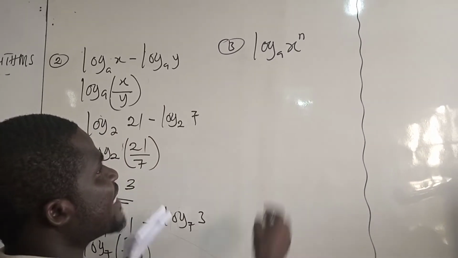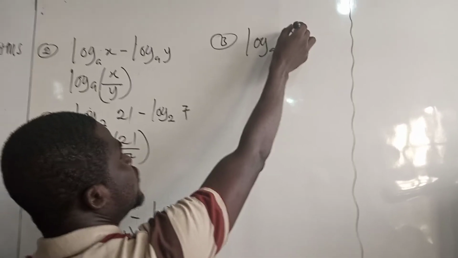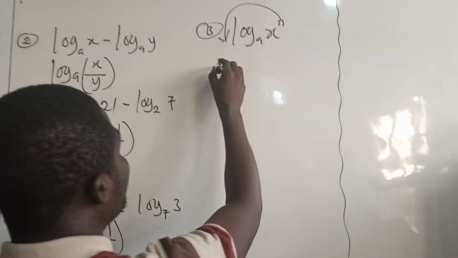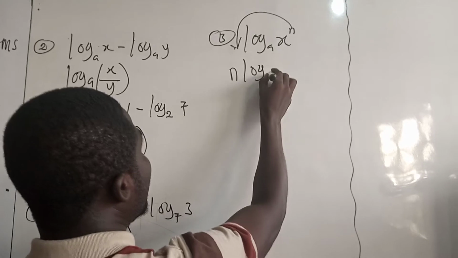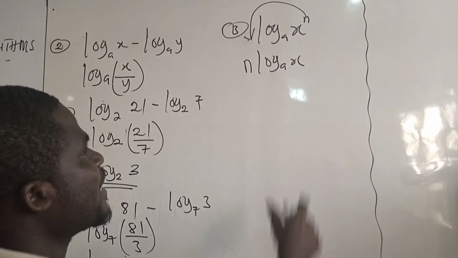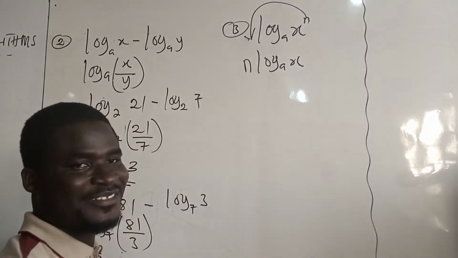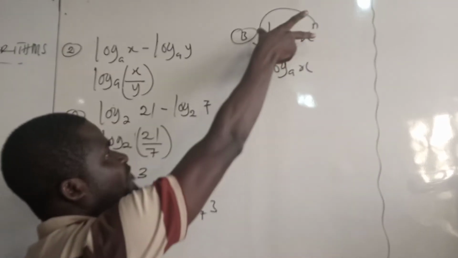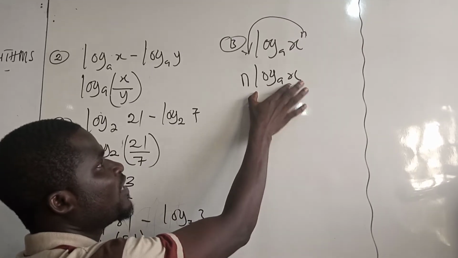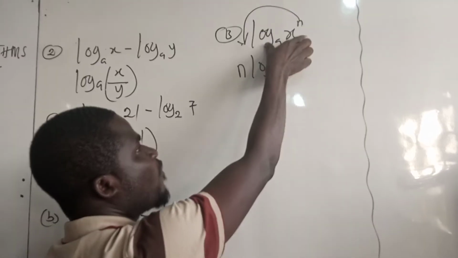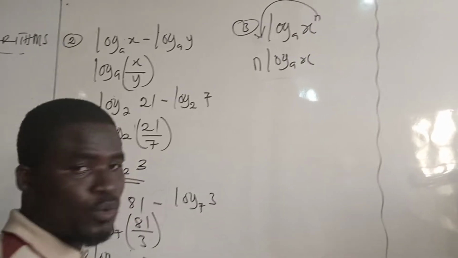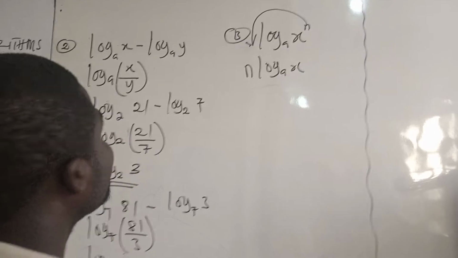So the law says that this exponent should come here. So we are going to have n log a x, because we are bringing the power in front of the log. So when the question is given in this form, you have to put it in this form. And when the question is given in this form, you have to solve it in this form. Good. So this is the third law of log.